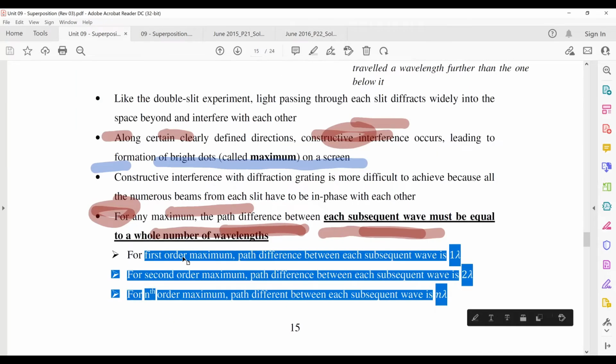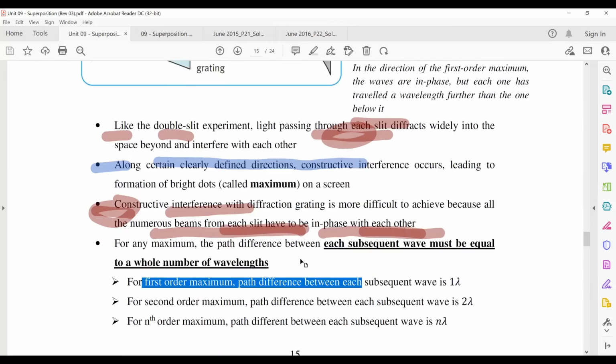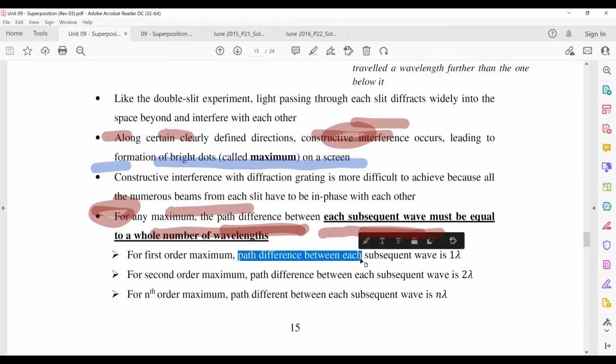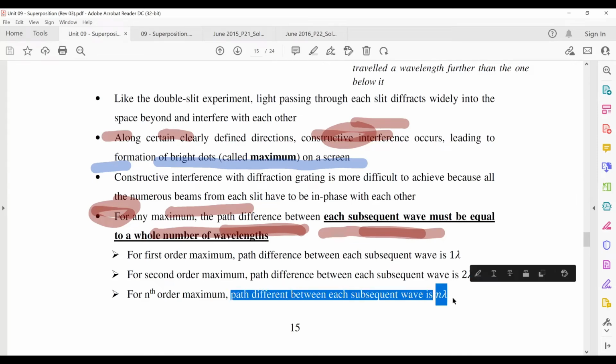When you want to have a particular interference at a particular order, let's just say first order, the path difference between each subsequent wave must be lambda. If you're talking about second order, the path difference between each subsequent wave is 2 lambda. So for any n order, the path difference must be n lambda.